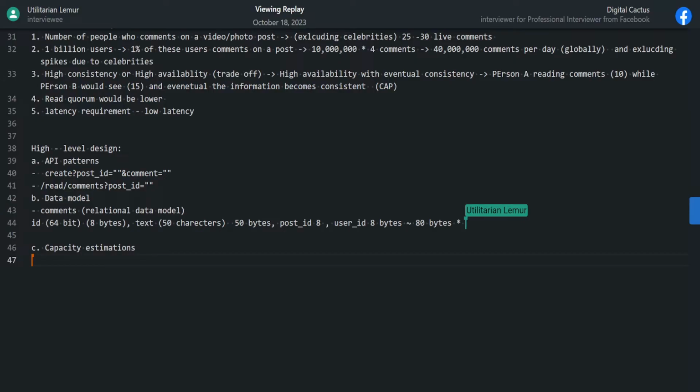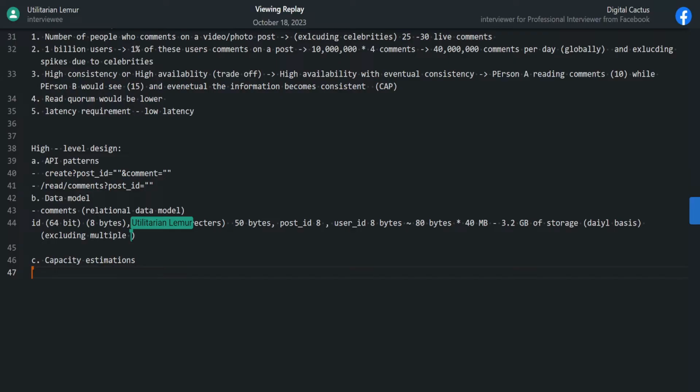And if I multiply this by 40 million comments that we expect globally per day, then you're looking at KB, MB, I would say 3.2 GB of storage is pretty much what you're estimating on a daily basis. Excluding multiple weeks. Right.